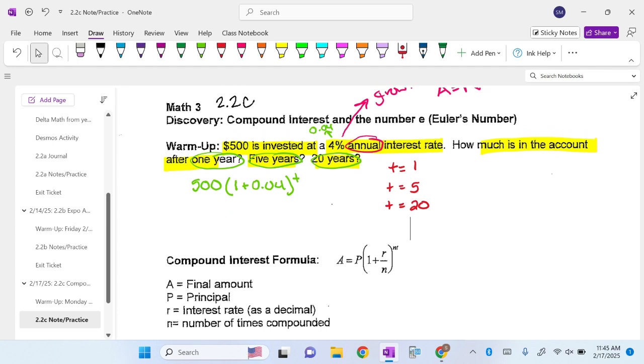All right, does anyone have for me when t is equal to 1? How much money do you get? Landon? 520. Is there any change, or is that just it? Okay. So after 1 year, we have $520. Someone else. What's 5? Tomas. 608.32.